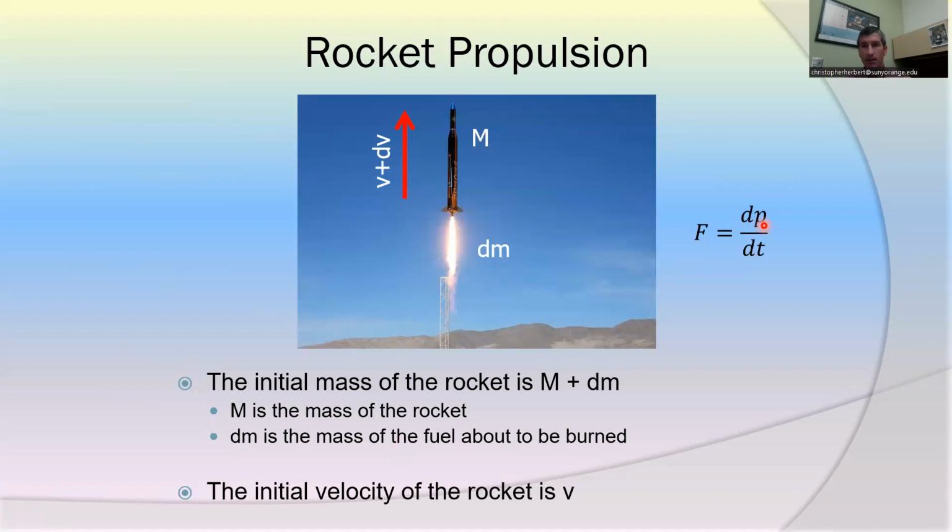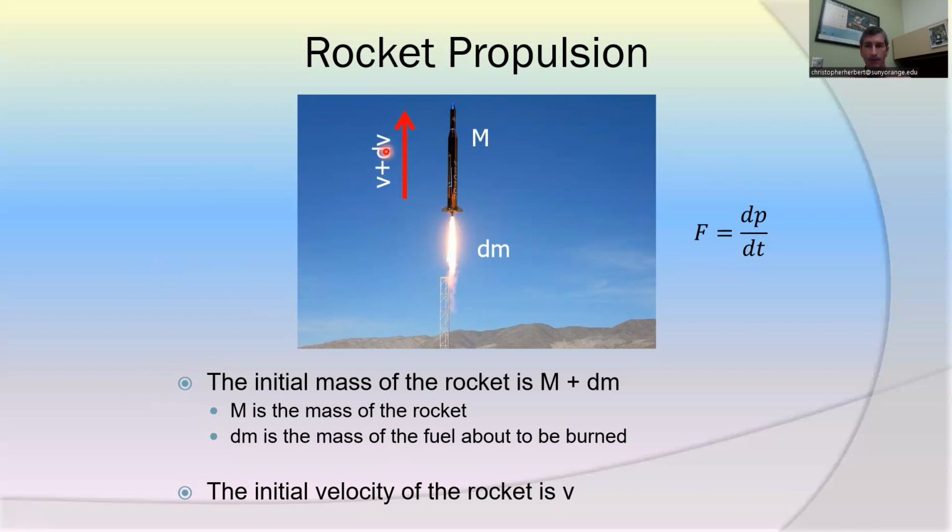The force that it experiences will be equal to the infinitesimal amount of mass given off times the velocity that's given off divided by the infinitesimal amount of time that has gone by as that small amount of mass was given off. This will result in an increase in the velocity of the rocket, where it will increase by an infinitesimal amount of dv.